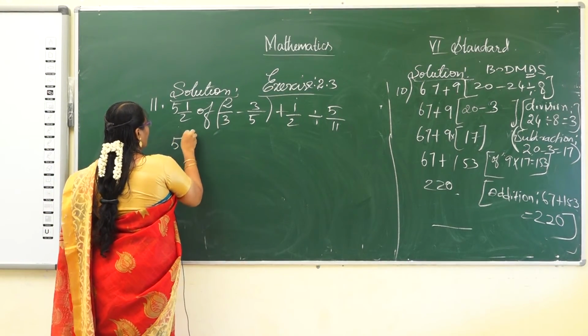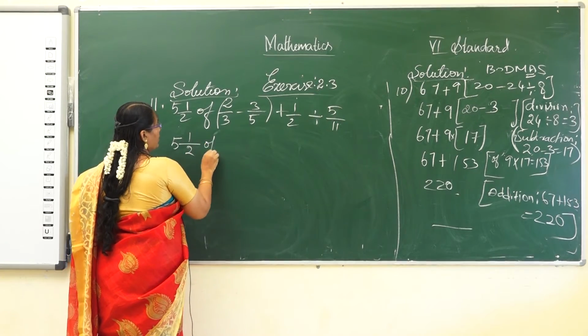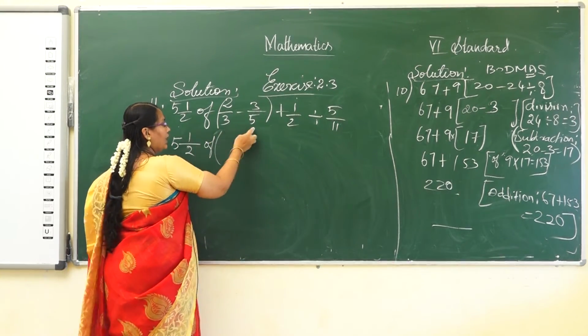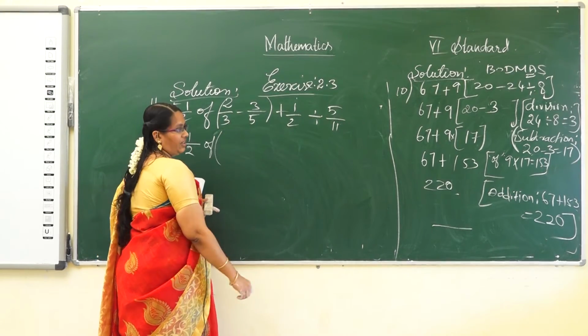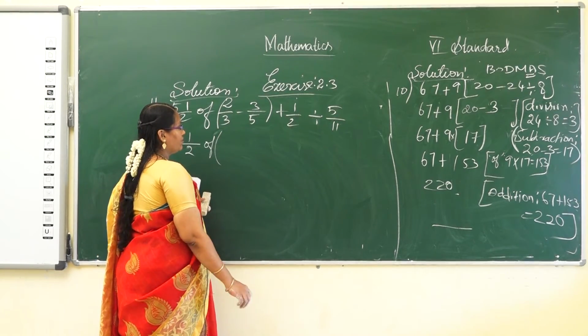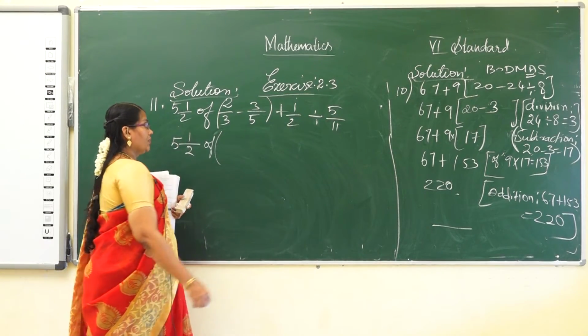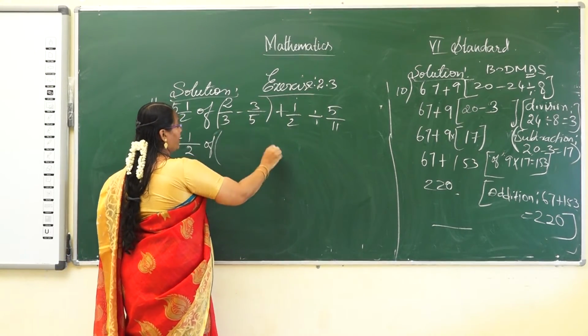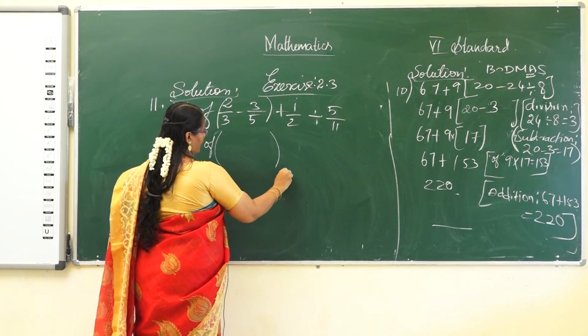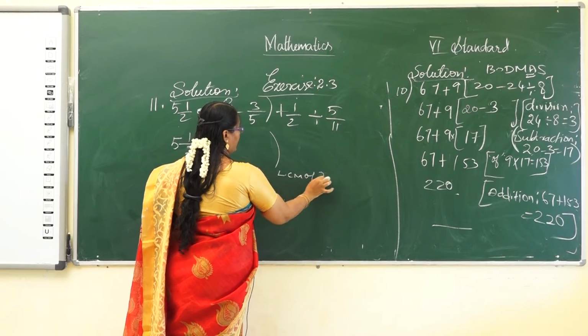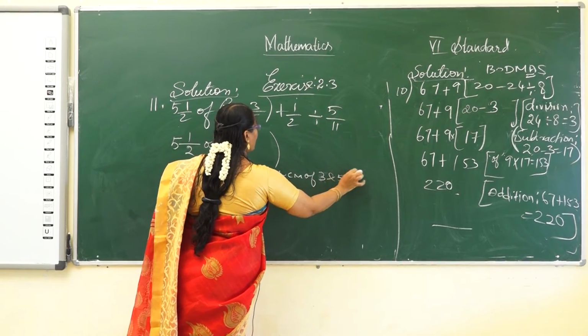Simplify within the parenthesis values. Here two unlike fractions are given, so in this place you should find the LCM. What is the LCM of 3 and 5? It is 15.